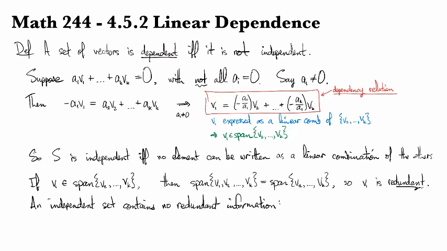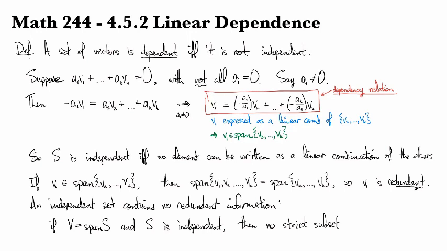So this means that say if V is our name for the span of S, and S is independent, then since it's independent, no strict subset of S can span V. By strict here, I mean strictly smaller, so it has a strictly smaller number of elements.